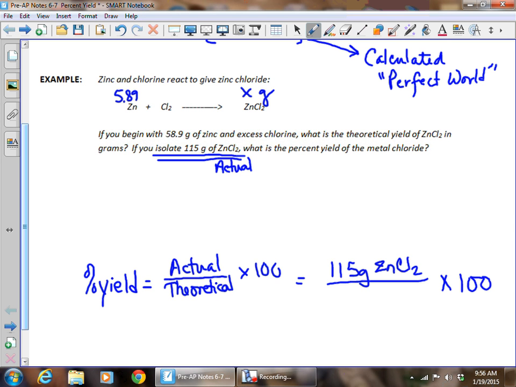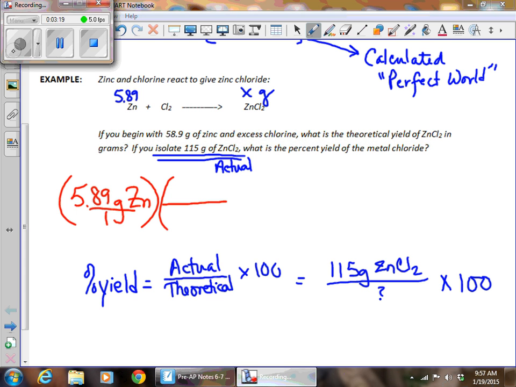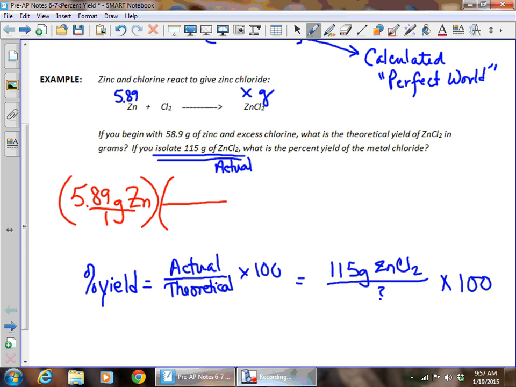So we've got this set up. What we're going to try to find now is this bottom value here. Let's do that with a calculation. We know that we're starting out with 58.9 grams of zinc. And we know that zinc has a molar mass of 65.38 grams of zinc per mole of zinc. And now we can use our mole ratio.